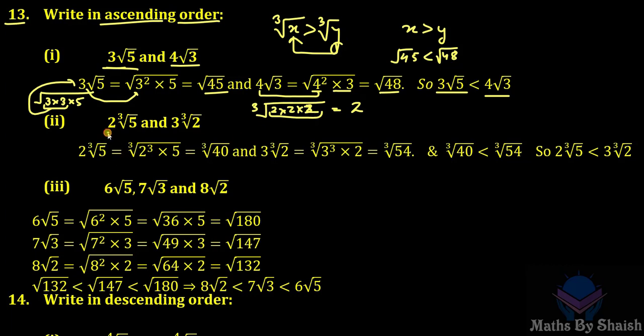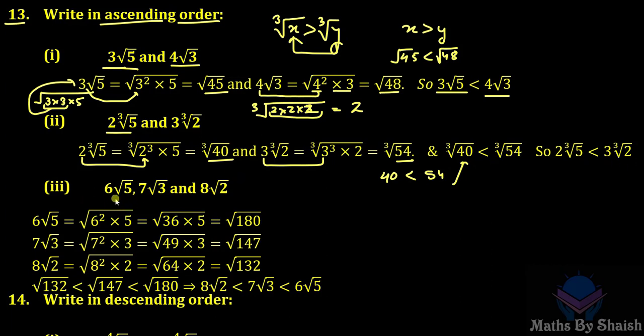Similarly for 2 cube root of 5 and 3 cube root of 2, you will bring this 2 inside by taking the cube, and we get 40, and from 3 cube root of 2, we got 54. And now since 40 is less than 54, it means the cube root of 40 is less than cube root of 54, and hence 2 cube root of 5 is less than 3 cube root of 2.